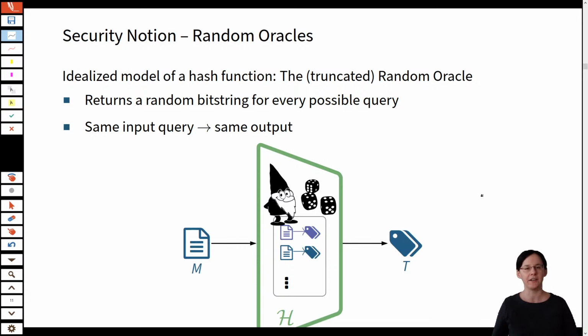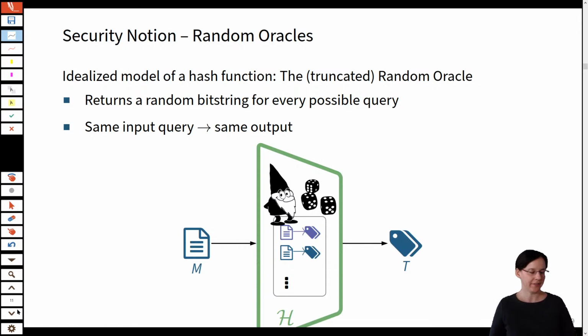So I can't predict this in any way, except by trying, which in reality means computing it. In the idealized world, it means sending it to the oracle. So this is the very vague but very general idea. And if we can't distinguish the hash function from this efficiently, then we consider the hash function secure.